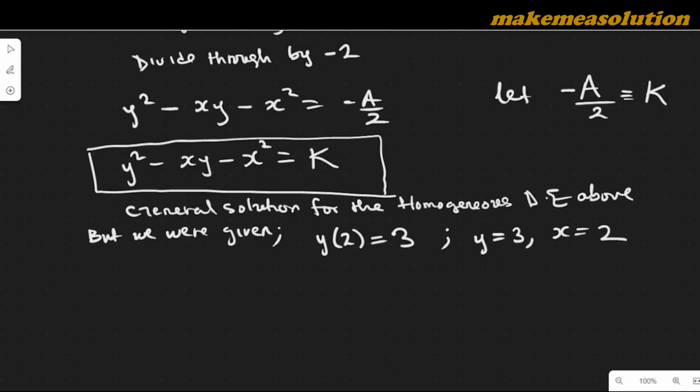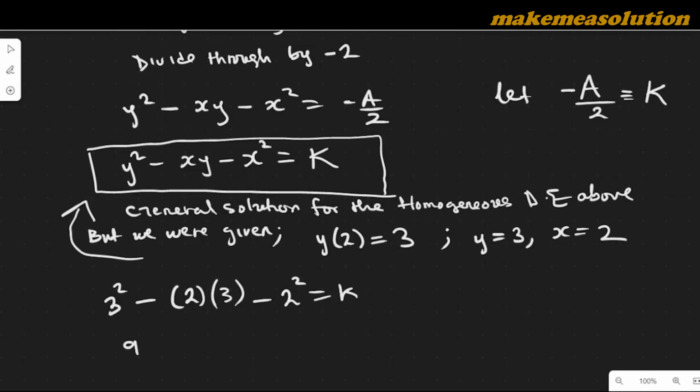All you just need to do is to substitute into these points. Wherever you see y, you put 3. So that will be 3 squared minus, anywhere you see x, you put 2, then you now have 2 squared is equal to k. At the end of the day, I'm having 9 minus 6 minus 4 equal to k.